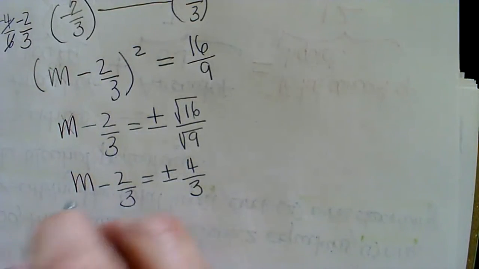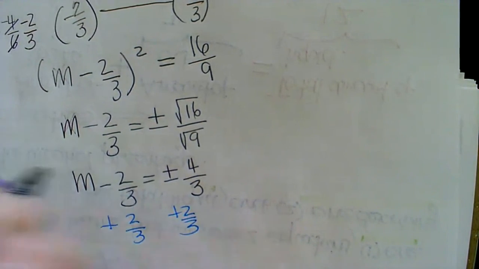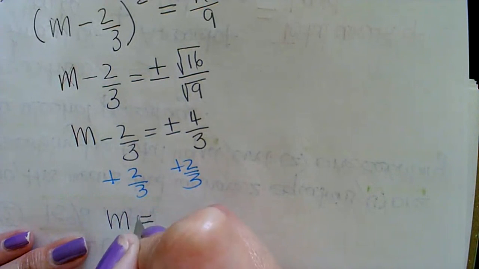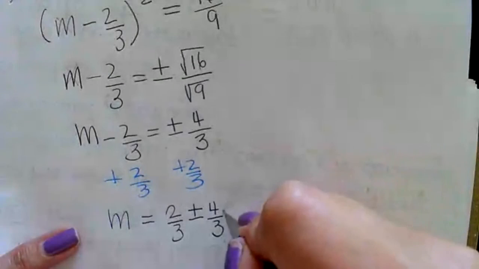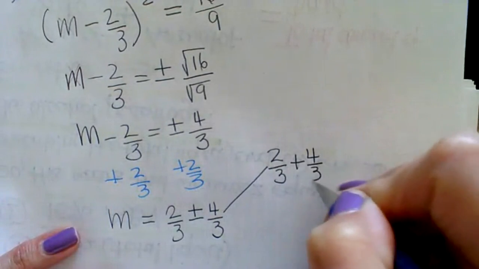Now, let's add 2/3 on both sides. So what do I have? I have m is equal to what? 2/3 plus or minus 4 over 3. So that's going to be equal to what? 2 over 3 plus 4 over 3.